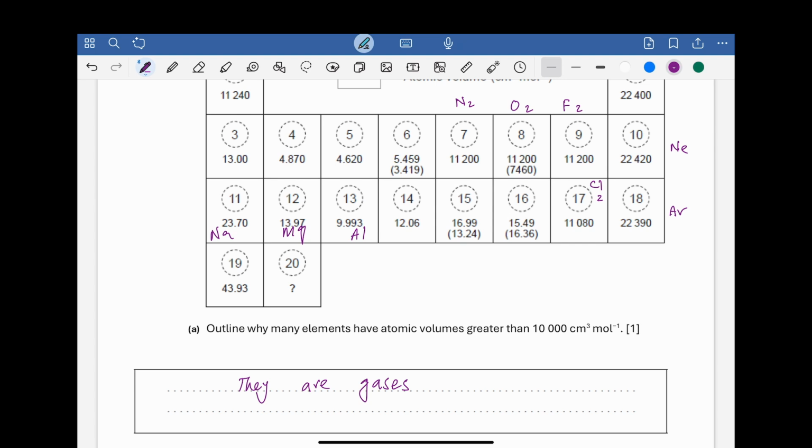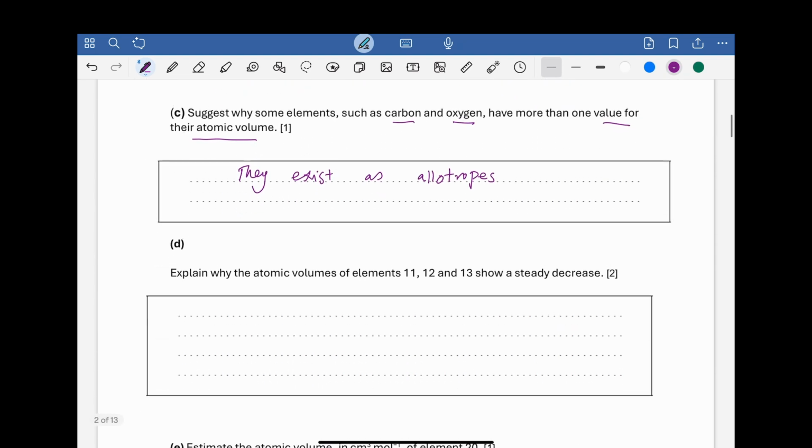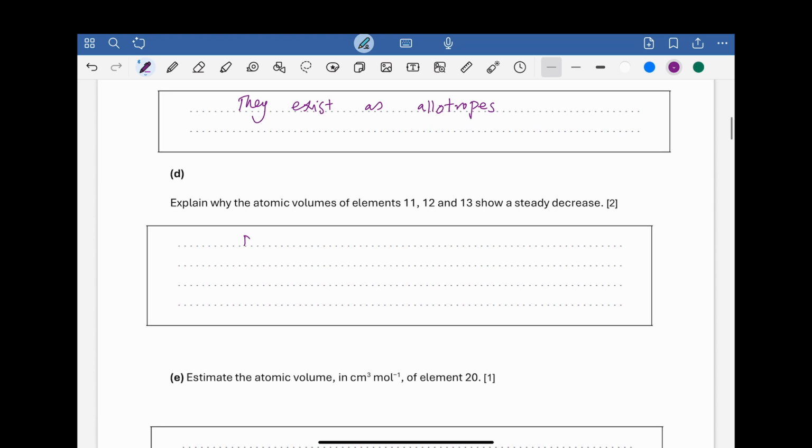All three of them are metals. Hence, they will have metallic bonds. But metallic bonds will be stronger in aluminum as compared to magnesium and sodium, because in sodium there is one delocalized electron, in magnesium there are two, and in aluminum there are three delocalized electrons.